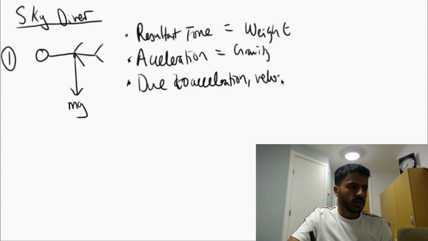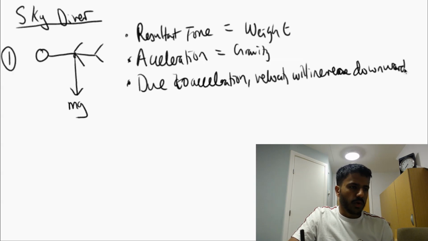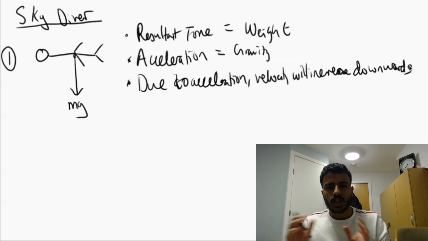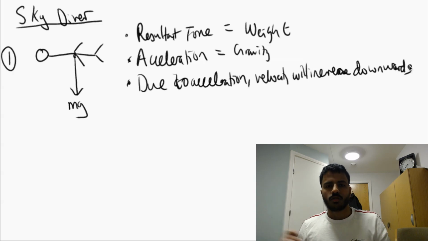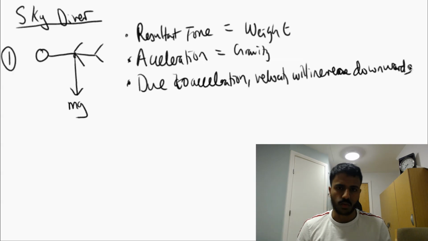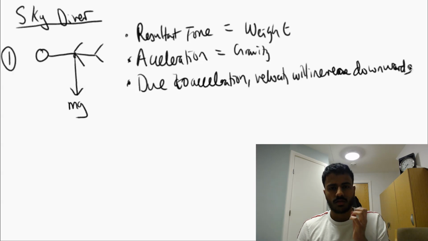So the velocity will increase downwards. And we're going to assume that when he jumps off the plane, he jumps off at rest. So he just seems to fall off the plane rather than jumping downwards. So we're going to assume that he just falls from rest.